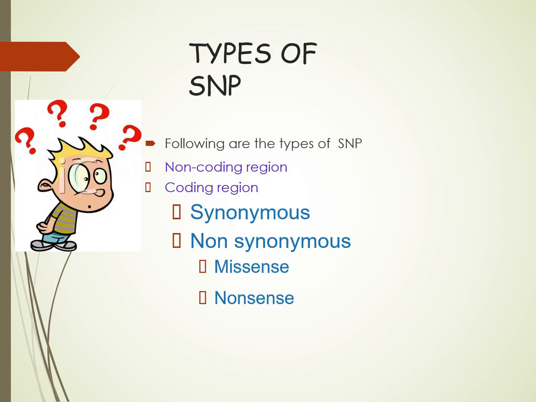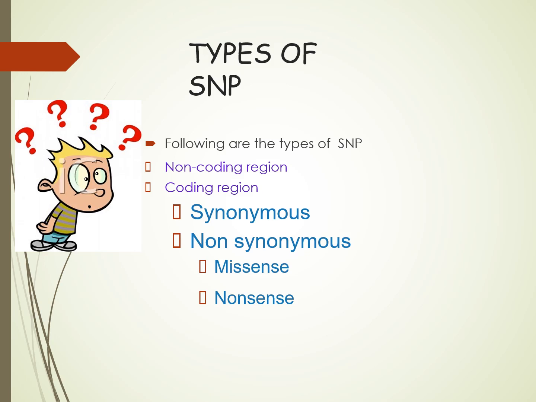Then types of SNPs. Basically, we can categorize SNPs on the basis of whether they are present in the coding region or non-coding region. So on the basis of that, they could be non-coding region SNPs or coding region SNPs. If they are present in the coding region, again we can classify them as synonymous and non-synonymous.